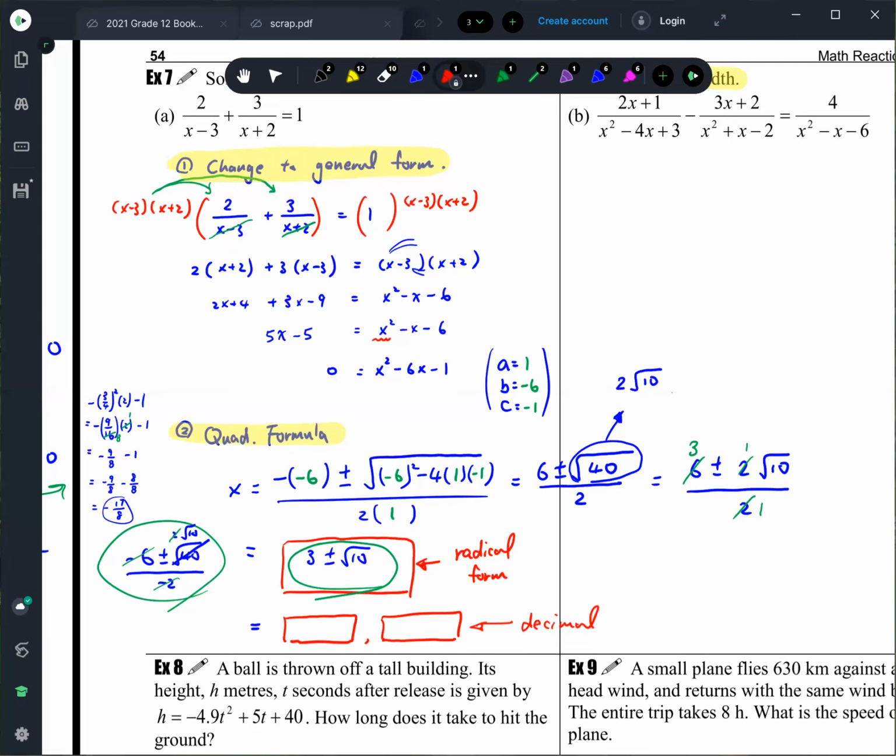Can you raise your hand if you have the decimal answers?